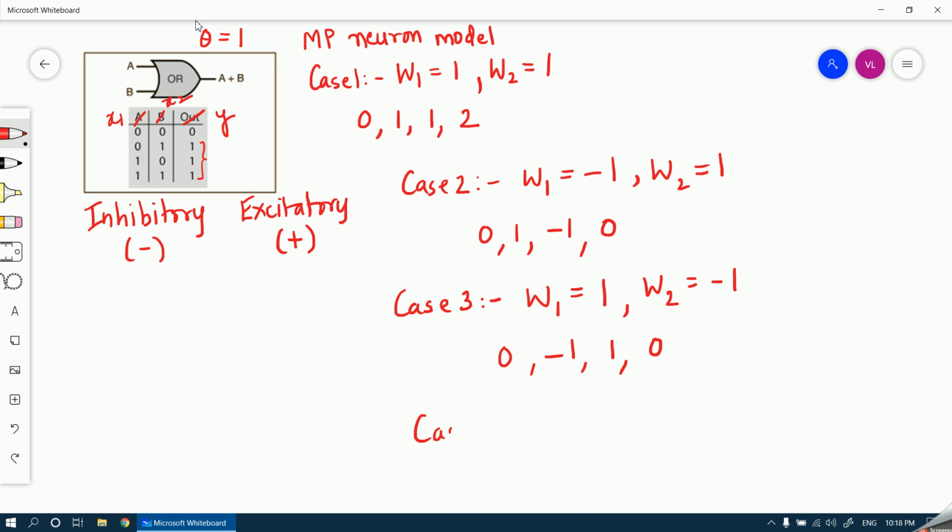Case 4: when both the weights W1 and W2 are inhibitory, the output that we obtain is 0, -1, -1 and -2.